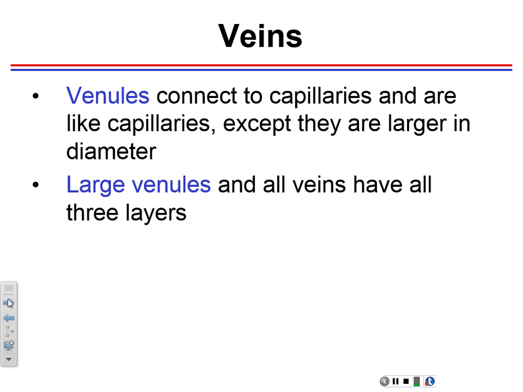So, venules are connected to the capillaries. They are the smallest veins. They are like capillaries except with a slightly larger diameter. Venules eventually end up in large venules, and then small veins, medium veins, and large veins.